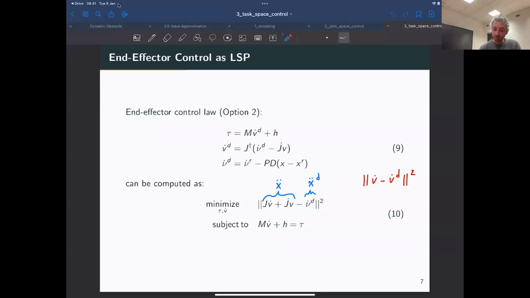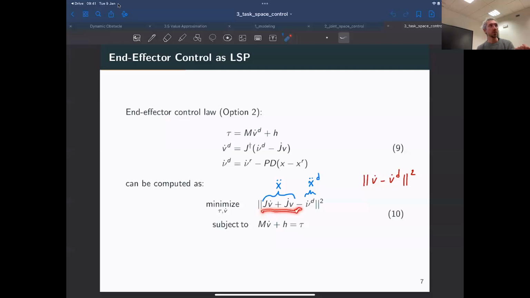Okay. X double dot is not a variable of the problem, so I cannot write it directly, but I know that x double dot is J q double dot, or J v dot plus J dot v. It's a linear function of my joint accelerations because I've derived this expression a few slides ago. So I express the end-effector acceleration as a function of the joint accelerations.